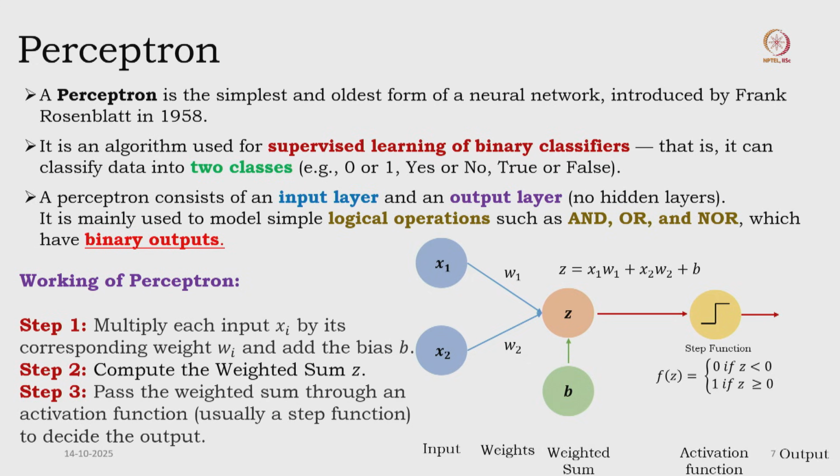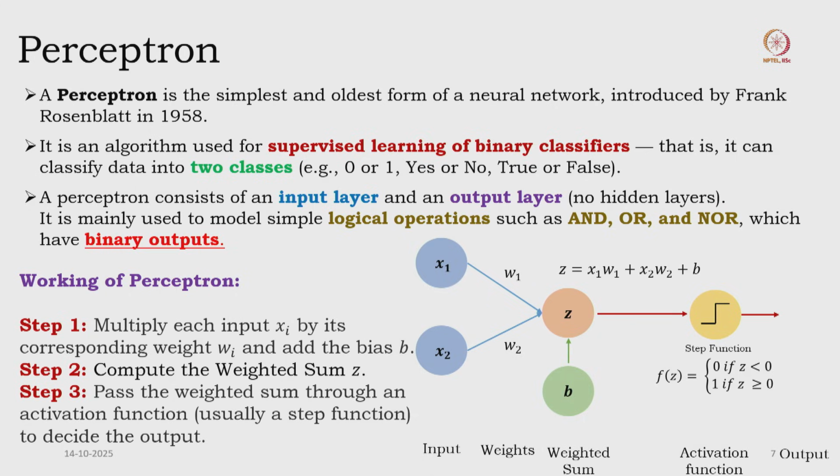From this we are entering into the first and the oldest form of a neural network called a perceptron. Perceptron is an algorithm invented in the year 1958 by Frank Rosenblatt. It is mainly designed for supervised learning problems only, and more specifically, perceptron is designed only for binary classification.